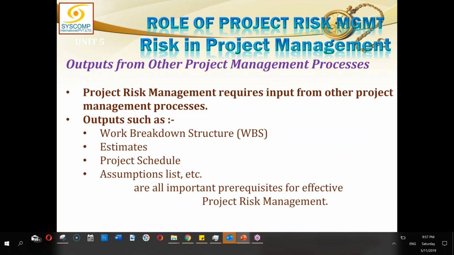But as long as this assumption remains an assumption, the fact is not confirmed, we will treat it as a risk. So the assumption list is a very good input for identifying the risks. All of these different sources are important prerequisites for effective project risk management.